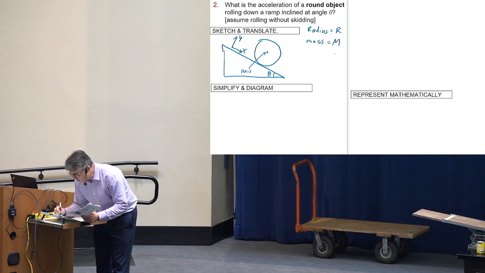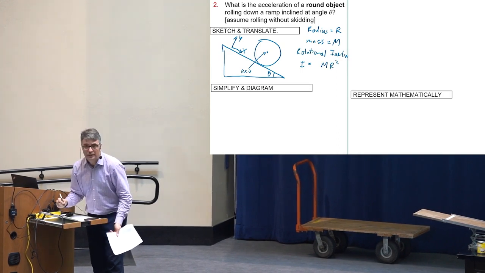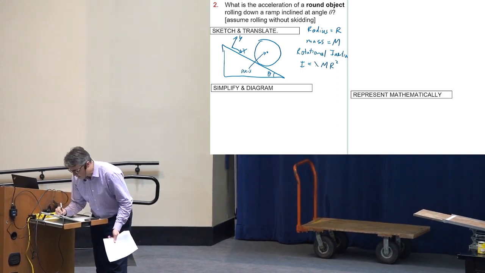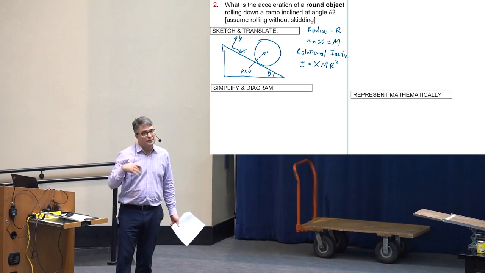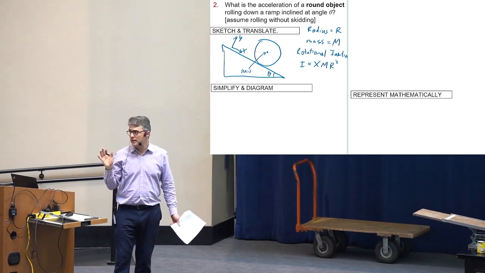What I'm going to do is set the rotational inertia, because it's not given. Let's just say I equals something times mr squared. It's always something, and it's dimensionless. So let's call it x times mr squared. We can fill in x later when we look up table 9.3.